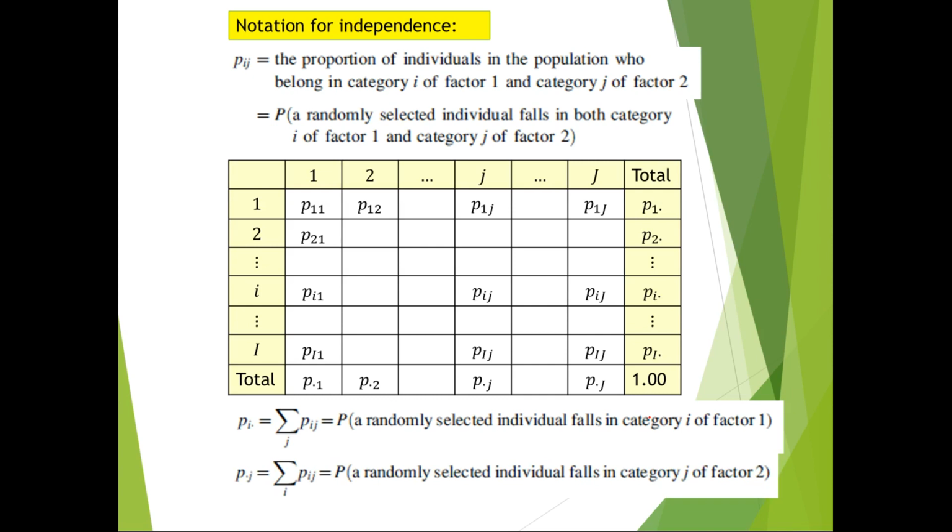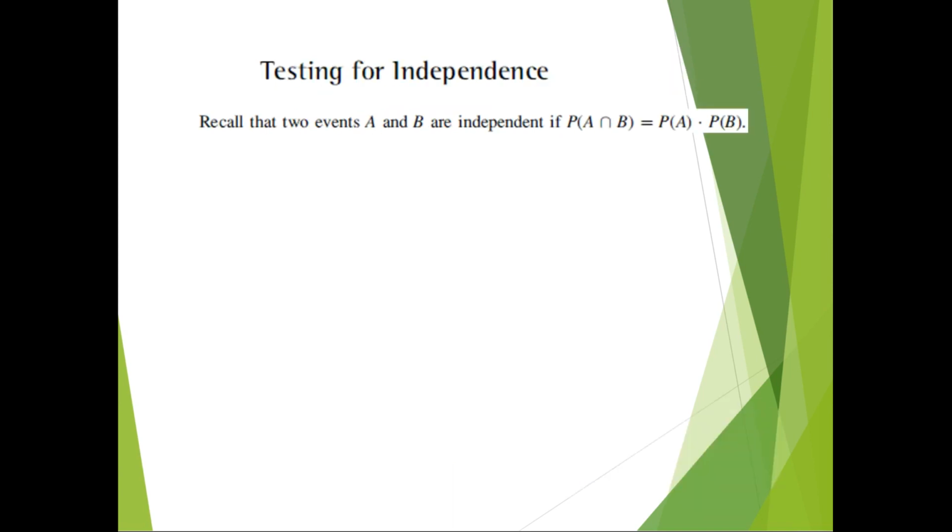Now, what do you know about independence and probabilities? You know that if two events A and B are independent, then the probability of the intersection is the product of the separate probabilities. Now we have an intersection here as well. Pij is the probability that a randomly selected individual falls within category I of factor 1 and category J of factor 2.